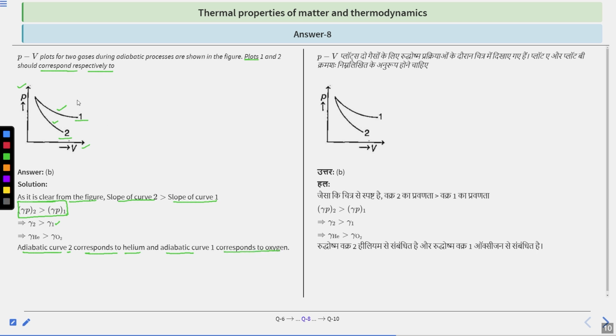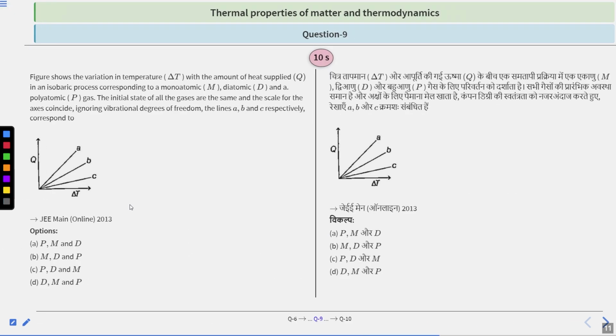So this one is for oxygen and this one is for helium. Clear? So the correct option is B. Now next question.